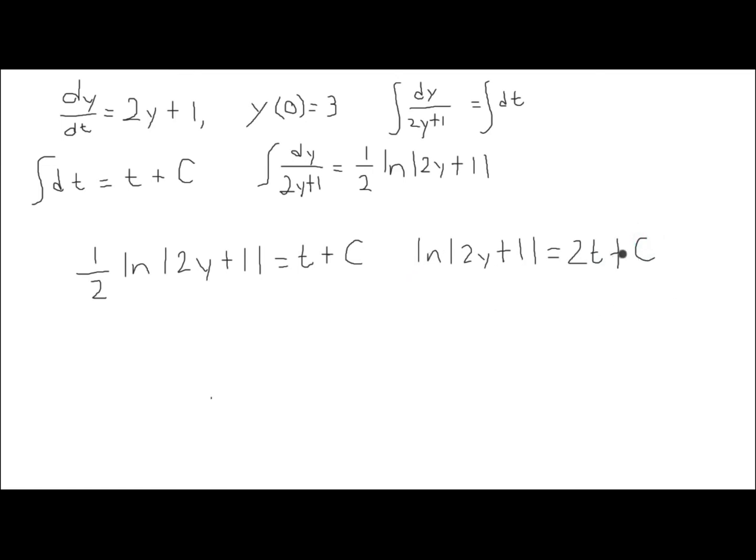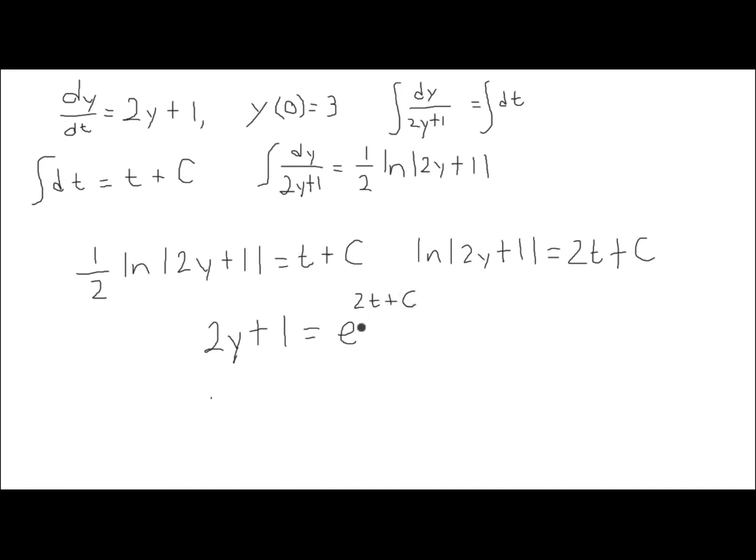And now to get rid of the natural log, we set everything as an exponent with a base of e. So e to the power of a natural log of a term is what that term is. So 2y plus 1 equals e to the power of 2t plus c.